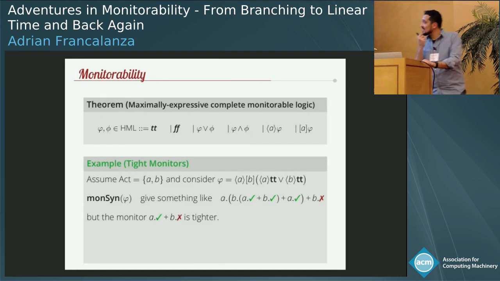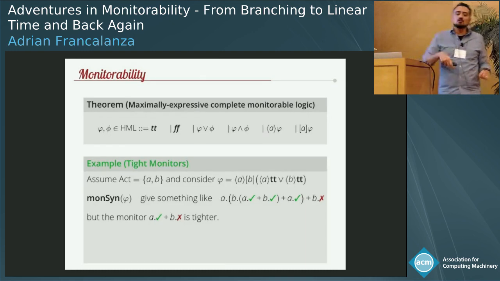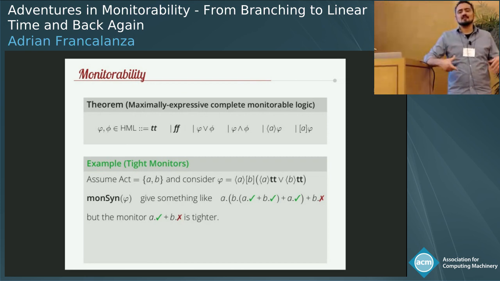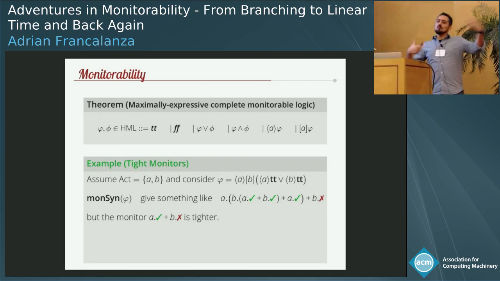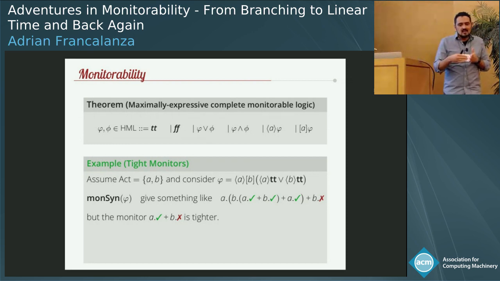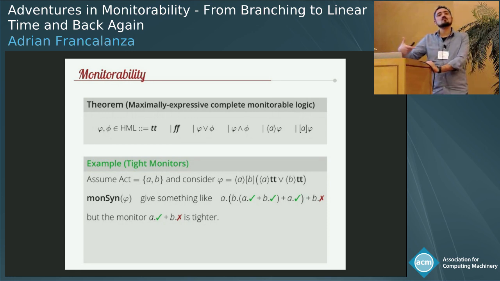There are some slight issues. For example, there's an issue of tightness. So what is tightness? The idea is that a monitor is tight if whenever the trace gives it enough information to reach a conclusion, the monitor should reach that conclusion at that point. Sometimes this property is also called anticipation. Now it turns out that with our synthesis, for certain formulas, sometimes we obtain monitors that are not tight.